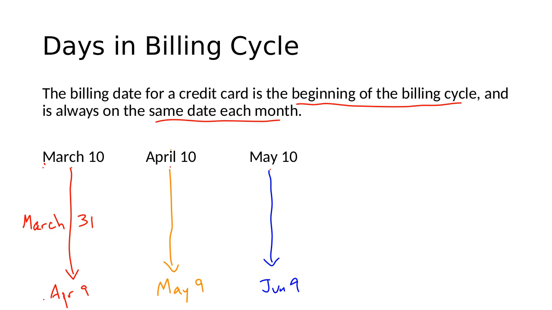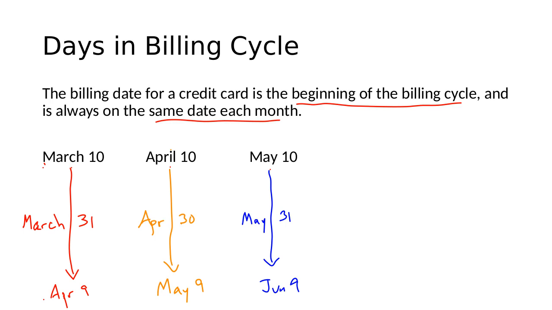A billing cycle that starts on April 10th would go through the end of April. And since April has 30 days, that billing cycle would have 30 days. And a billing cycle that starts on May 10th would go through the end of May. And since May has 31 days, that billing cycle would have 31 days.